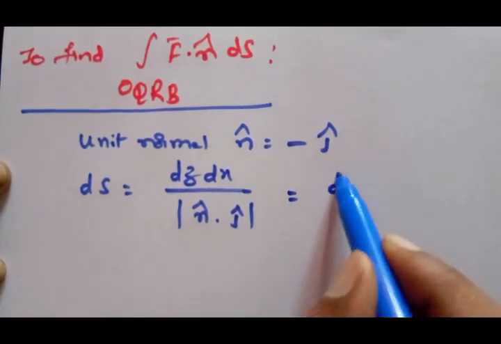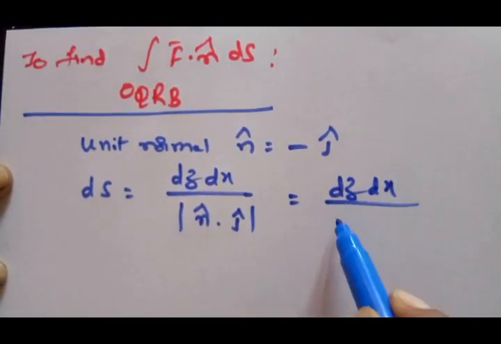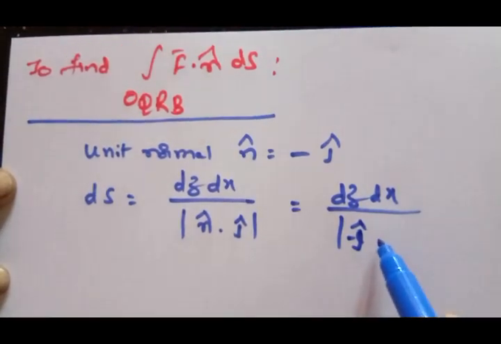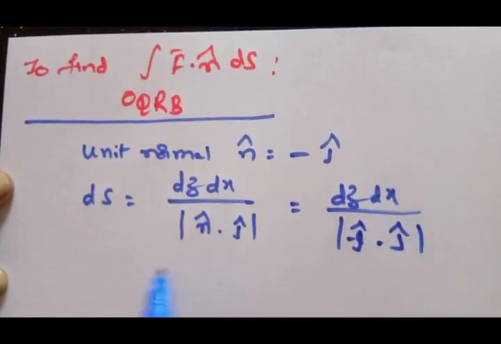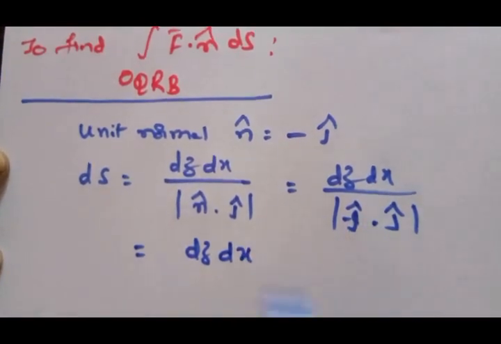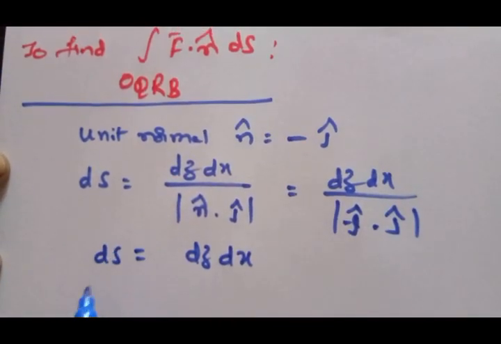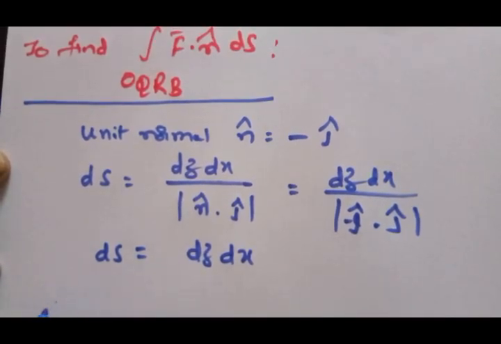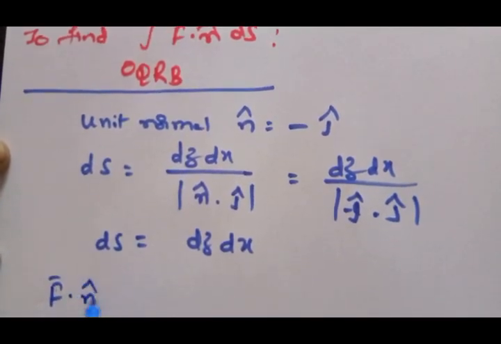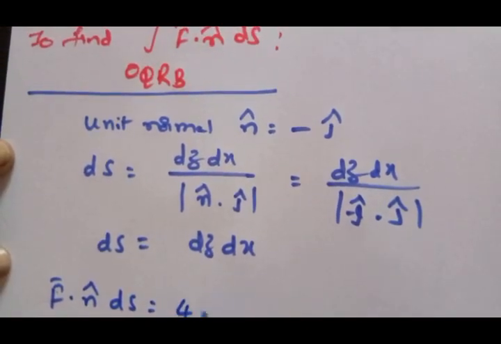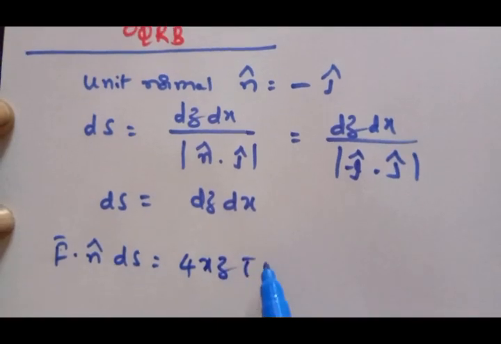Therefore this is equal to dz dx by modulus of minus j cap dot j cap, that is equal to 1 dz dx by 1. This is ds.